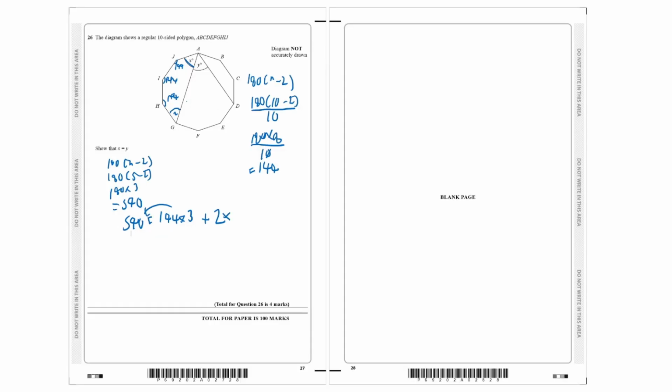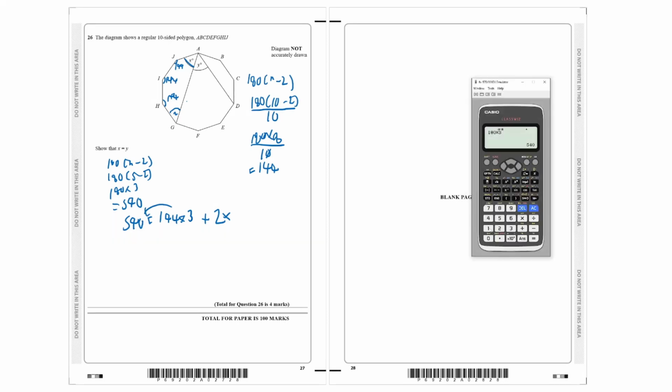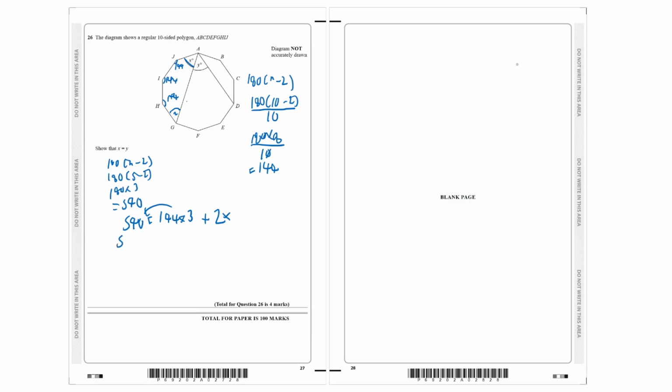So then we can bring this to the other side. We can find out what 144 times 3 is first. 144 times 3 is 432. So we have 540 minus 432 is equal to 2x. We divide both sides by 2 to find out what x is. So then we can find out our final answer.